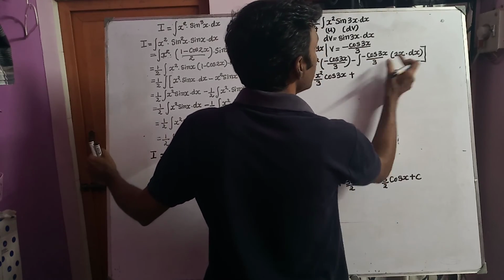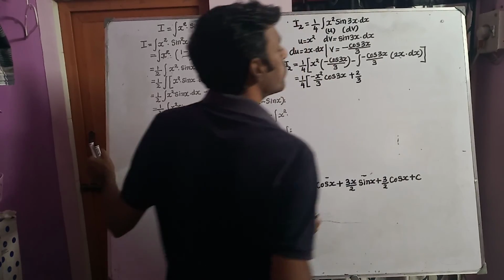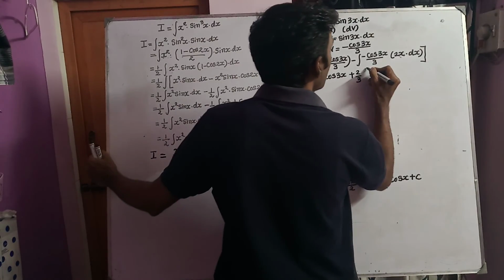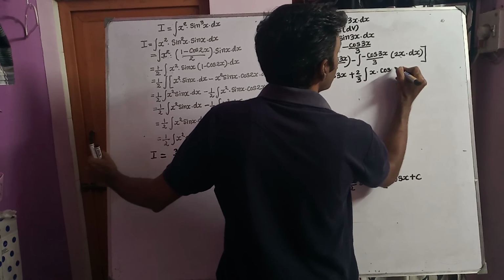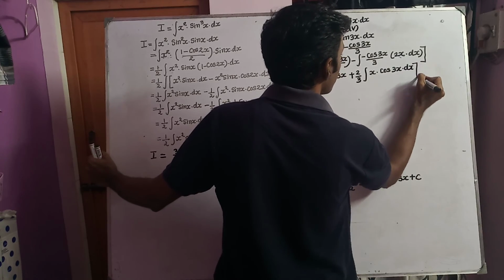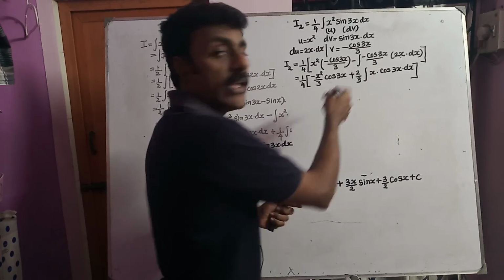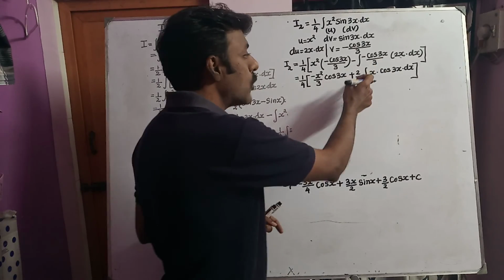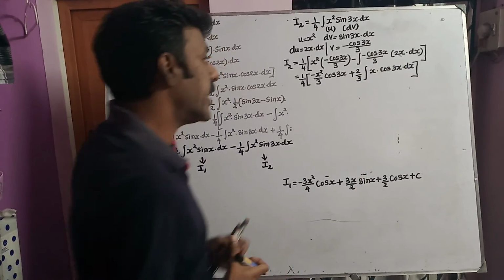This 2 by 3 I am taking outside, plus 2 divided by 3 into integral of x into cos 3x into dx. I am taking this 2 by 3 as common out of the integral, so within the integral it will be x into cos 3x into dx.